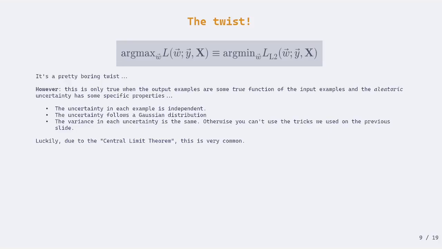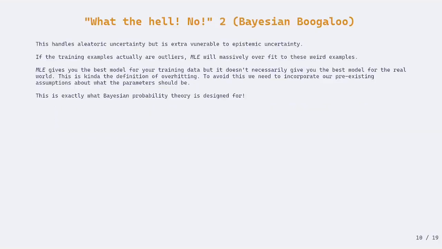And so if there are a ton of factors that go together to make the noise in your output, to make your aleatoric uncertainty overall, even if they're all very differently distributed, they're all going to combine into one big Gaussian or Gaussian-ish.